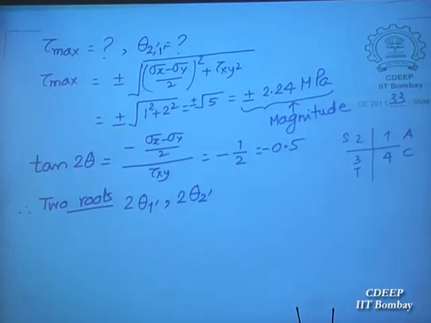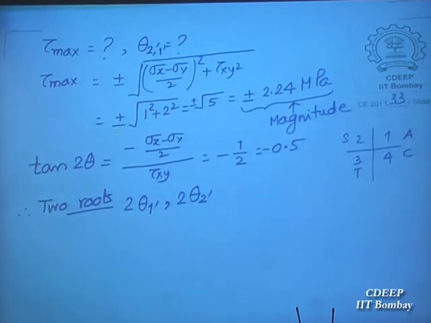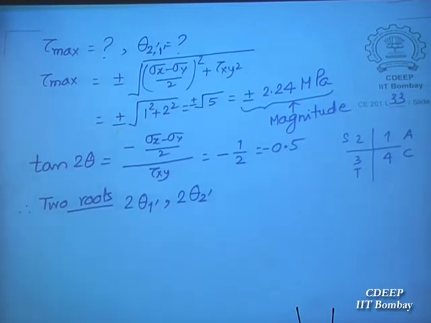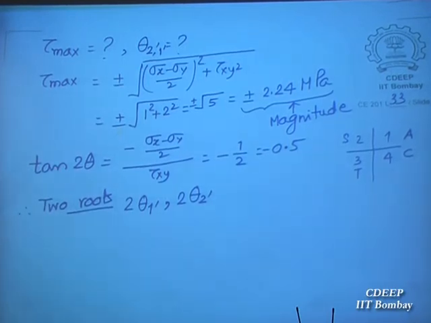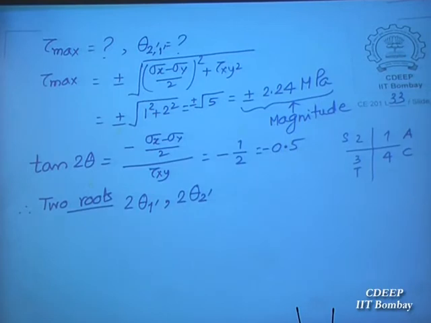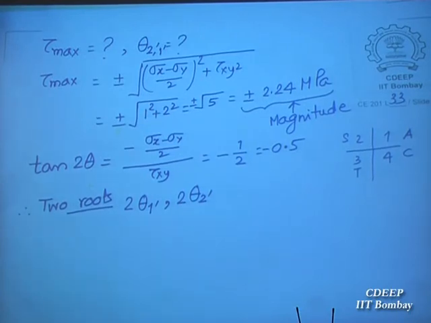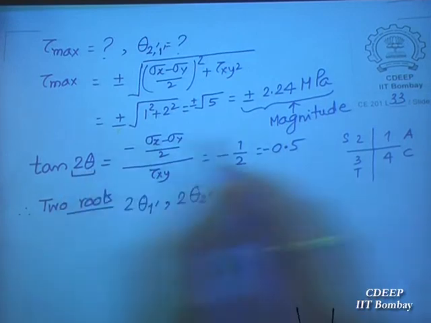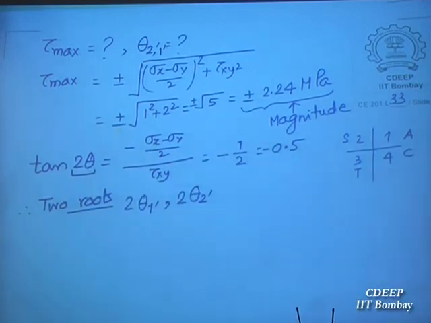I don't understand how. Anyway, find out the value. What is theta 2 whose tangent value is minus 0.5?